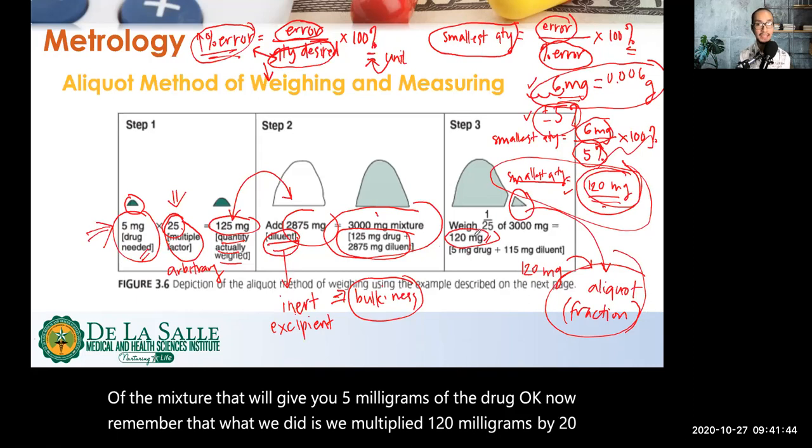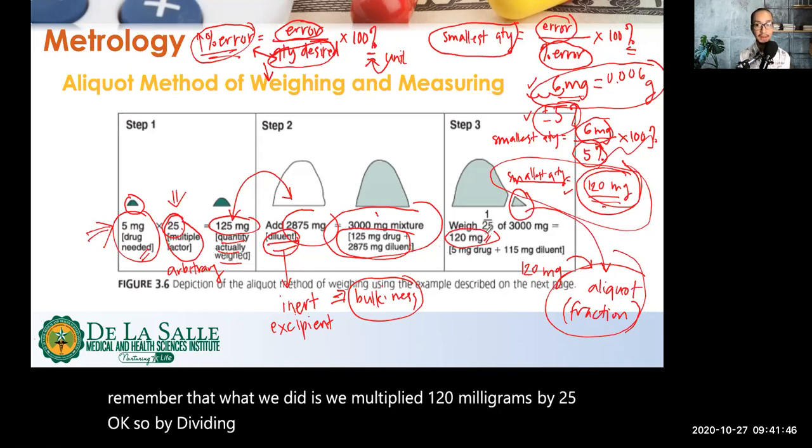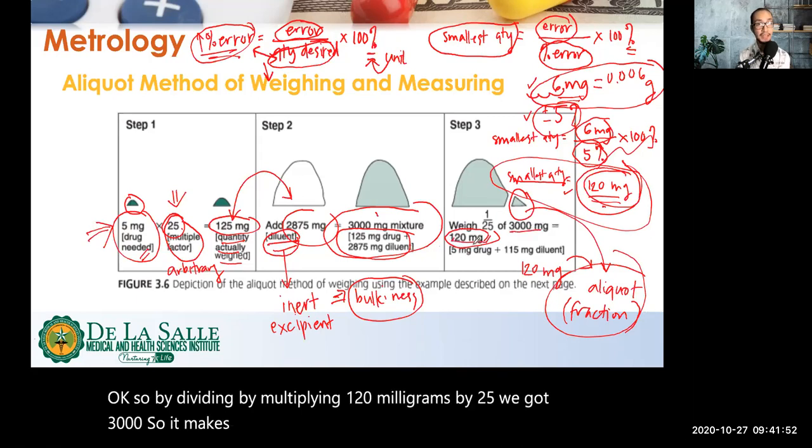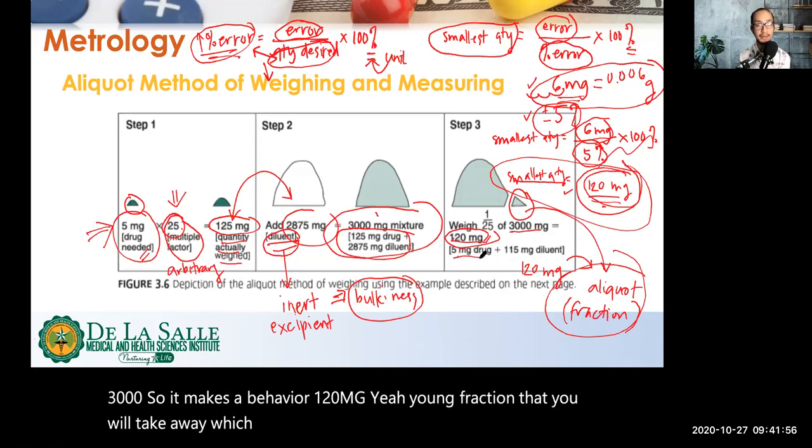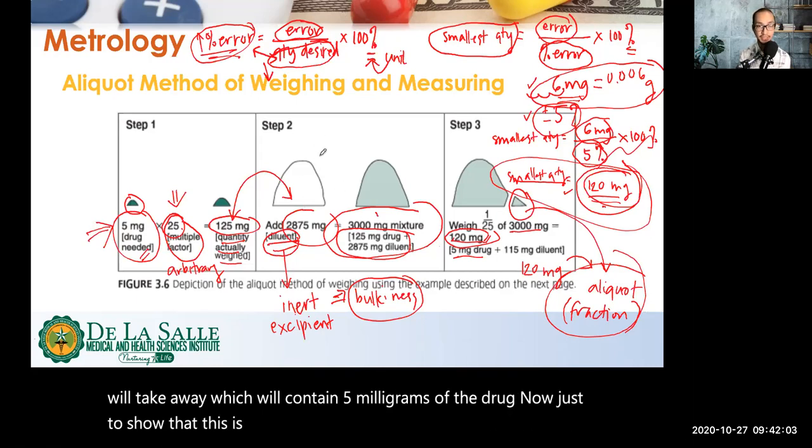Okay? So by multiplying 120 milligrams by 25, we got 3,000. So ibig sabihin, yung 120 milligrams, yan na yung fraction that you will take, okay, which will contain 5 milligrams of the drug.